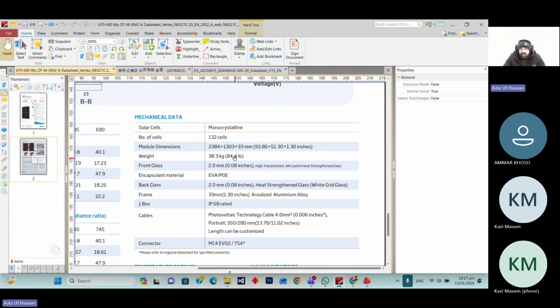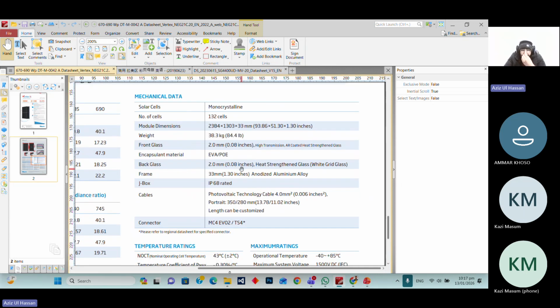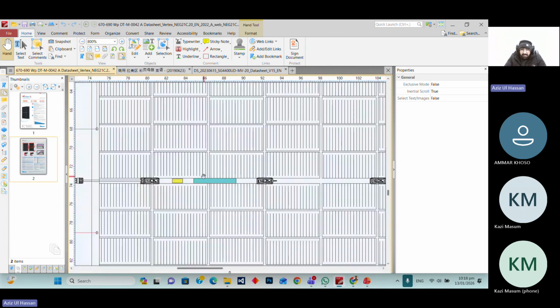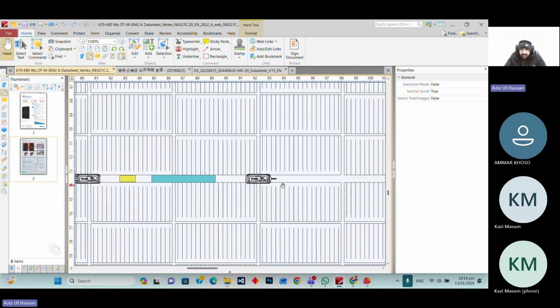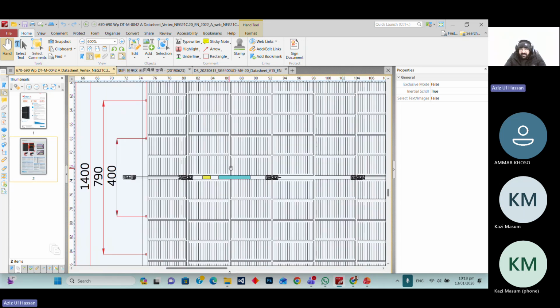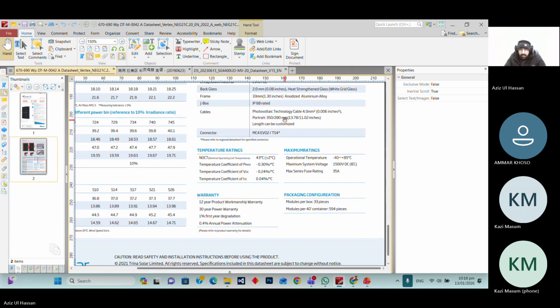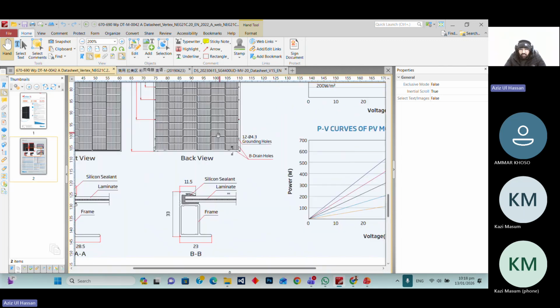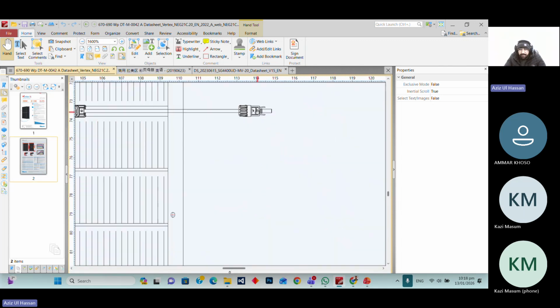Then we have the front glass, 2 mm thickness, high transmission, anti-reflective coated, then encapsulation, the back glass, the frame size, and the J box. The J box is the junction box where we have the cables. And then the connector, the MC4 EVO2.